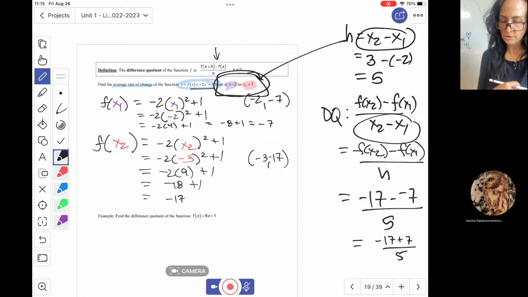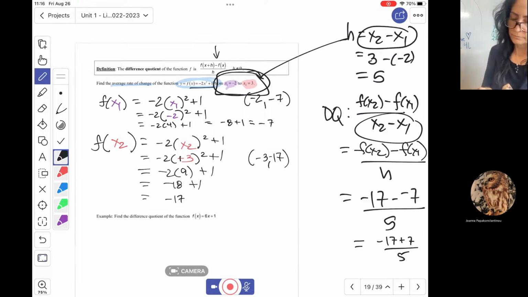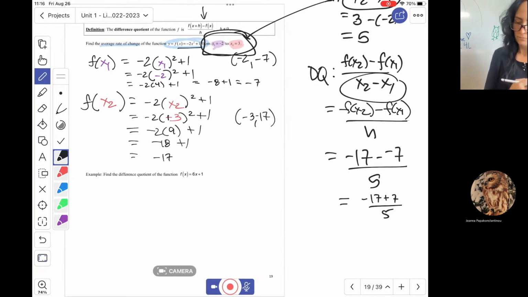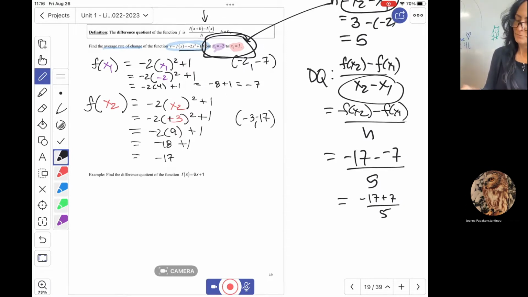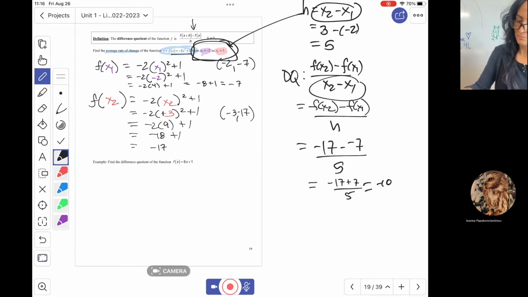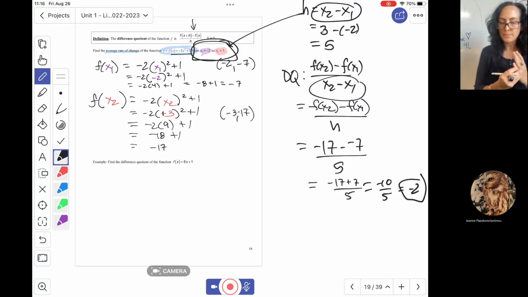That's not a -3, it's a positive. Oh, this is a +3. Not a -11/5. So the difference quotient is -2. That's the slope of the secant line passing through those 2 points.